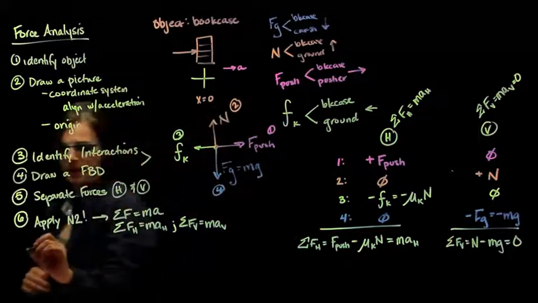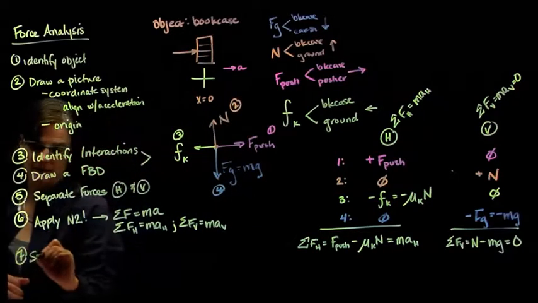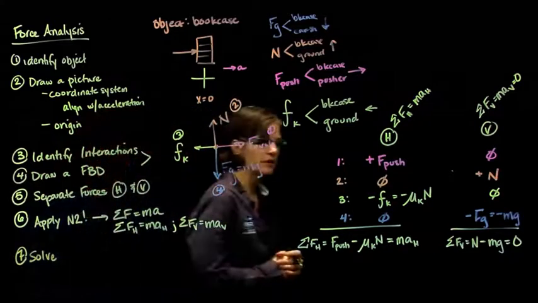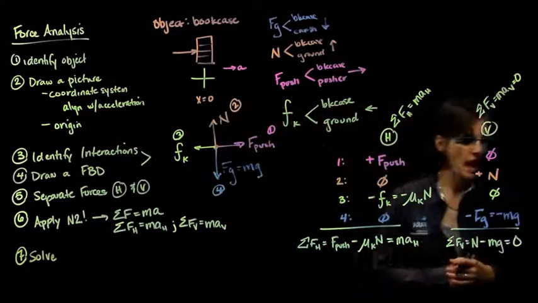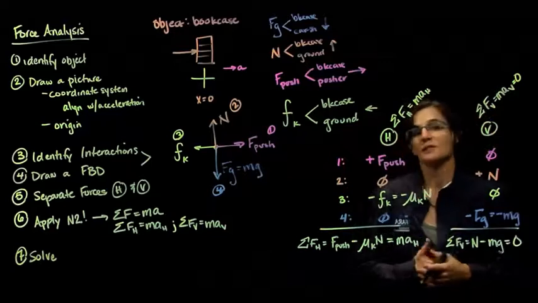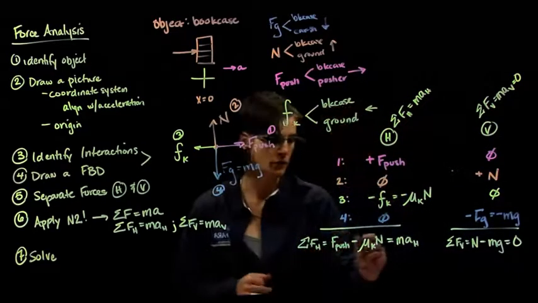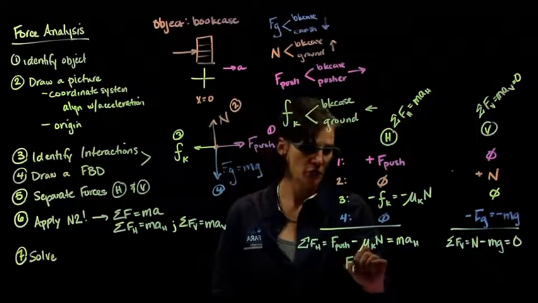The next step is simply to solve for what we're interested in. Now, we are interested in what force is necessary. What is the force of the push? So we're going to solve for the force of the push.